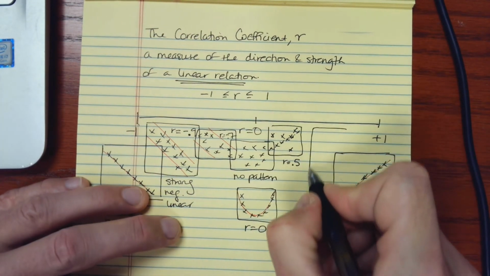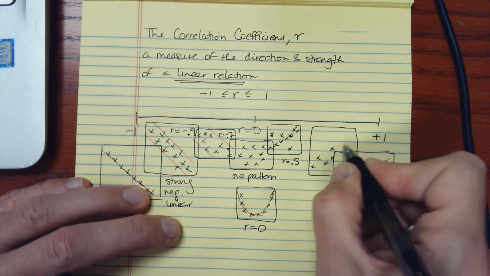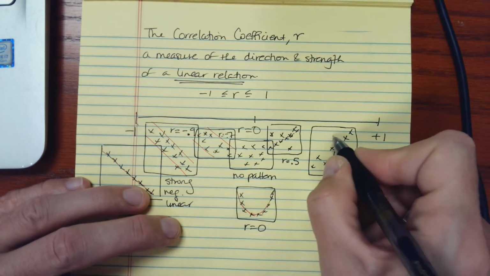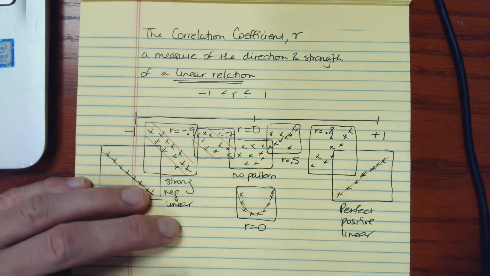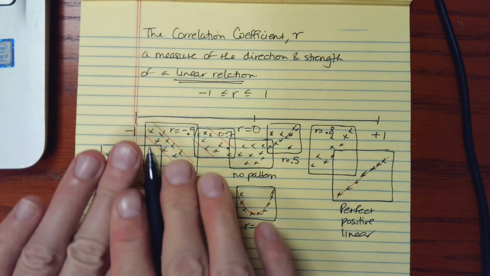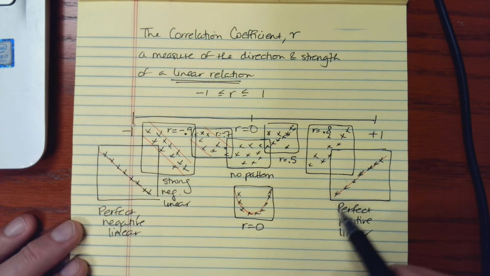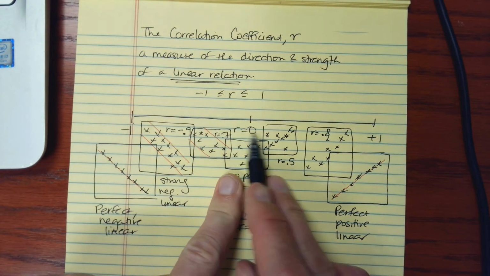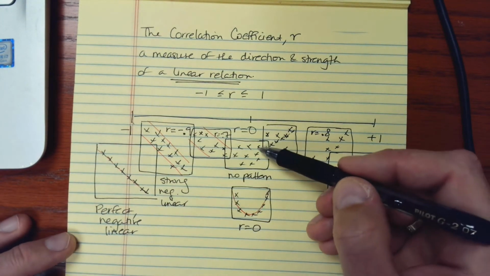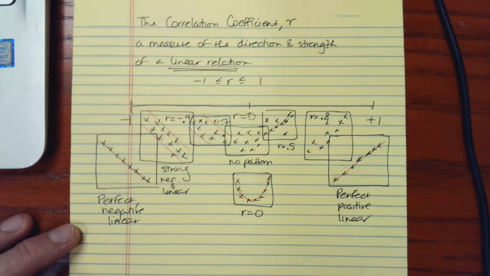And then as we get to a little more order, maybe this is R of 0.8. So the closer you are to either extreme, -1 or +1, the better your points will line up. In the middle, where R is 0, you could either have no pattern or perhaps a pattern, but one that is not linear.